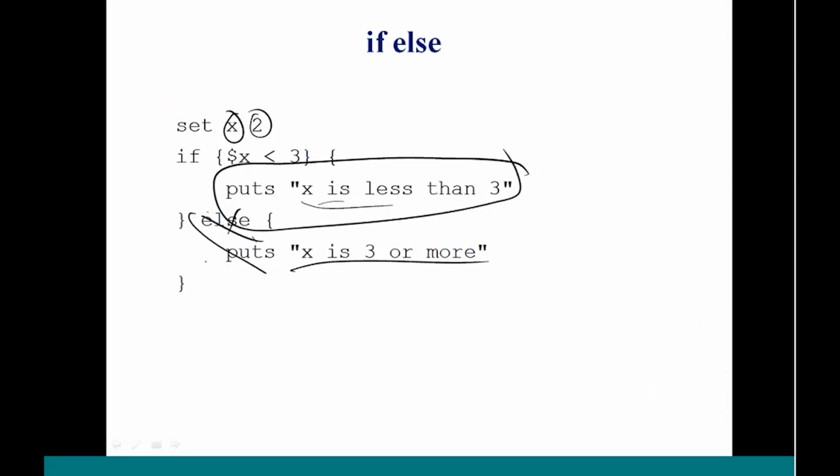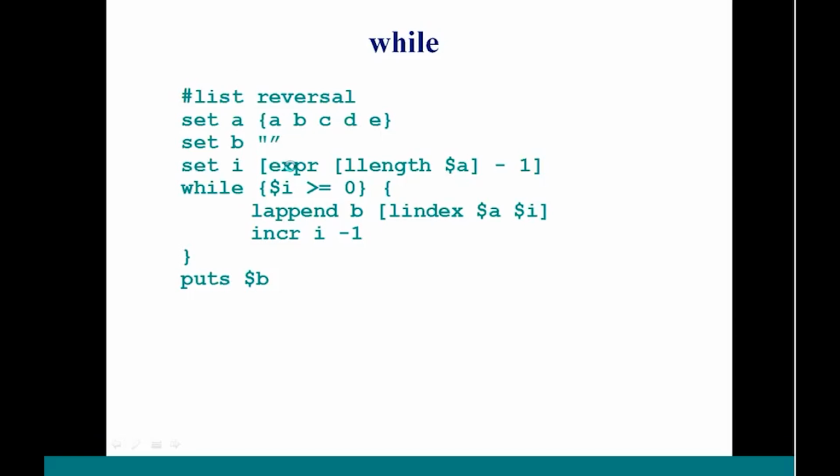It won't execute the else at all because x is already less than 3. And then this is the while example. We saw this list reversal essentially. Here V is E, B, C, B, A after executing this program. This is the same thing that we saw in the previous one.